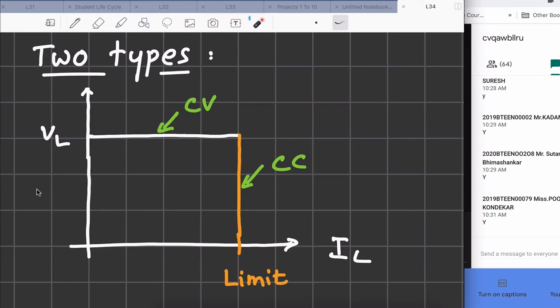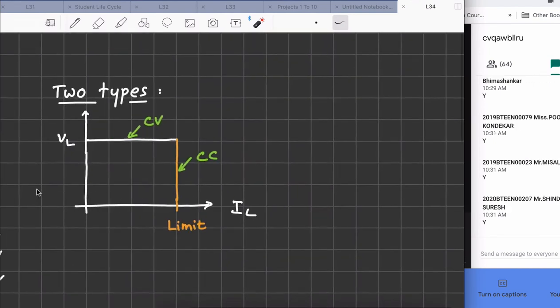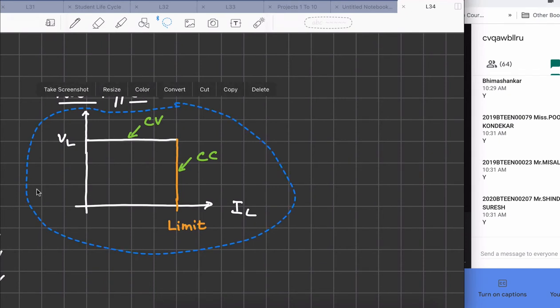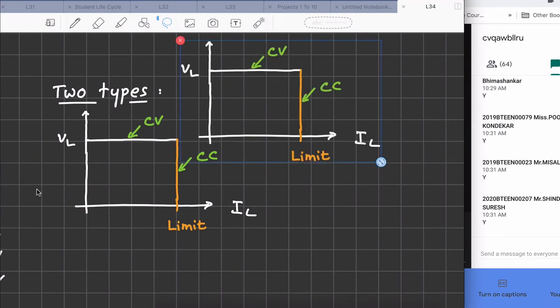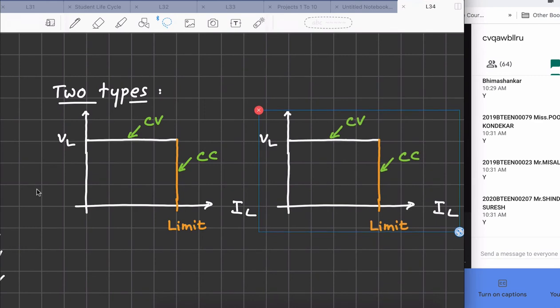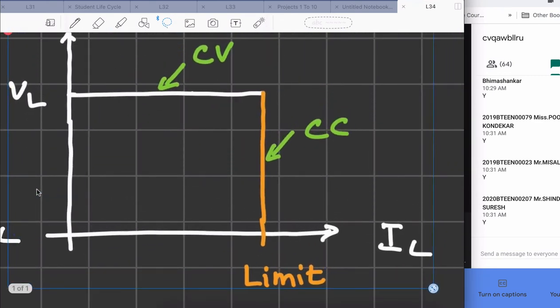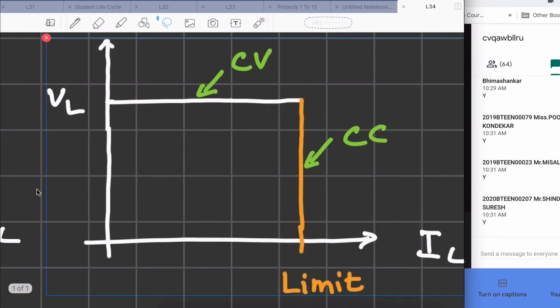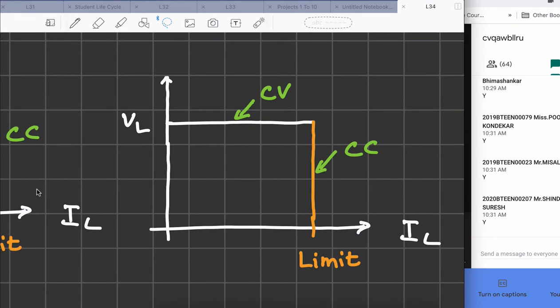There is one more type of protection which I will draw here. I think I will copy the same here. Right.